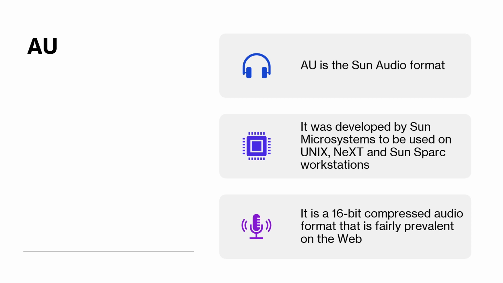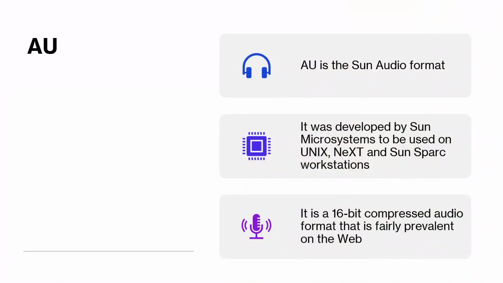In an exam or in a quiz, if we talk about some of these file formats, we expect you to know which organization produced them or came out with these file formats. So please have this in mind.